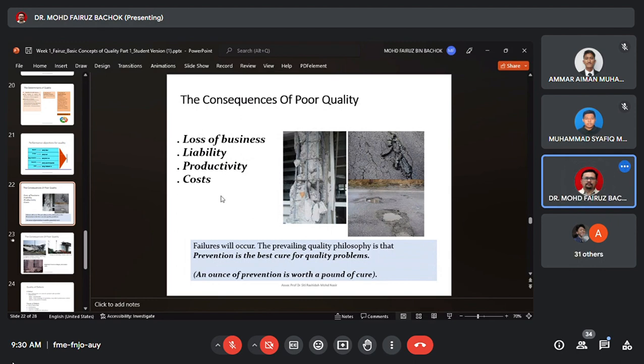It is very difficult when you get a bad reputation to recover the good image. It's not that easy. An ounce of prevention is worth a pound of cure.